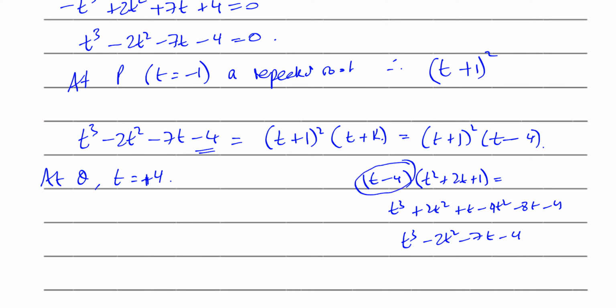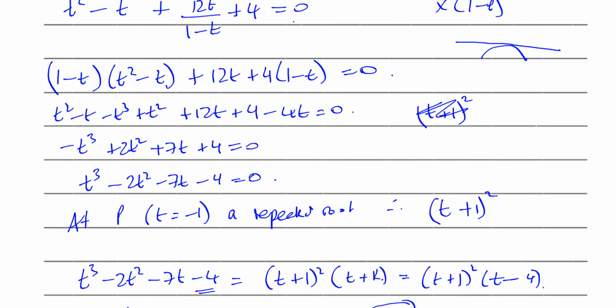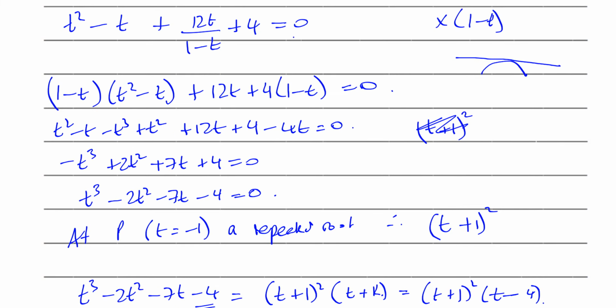So that means that at Q, t must be equal to 4. Now I can find the coordinates of Q. Knowing that it was a repeated root helped us a lot in this question to make the next part really easy. Otherwise, you'd have to use some sort of algebraic long division.